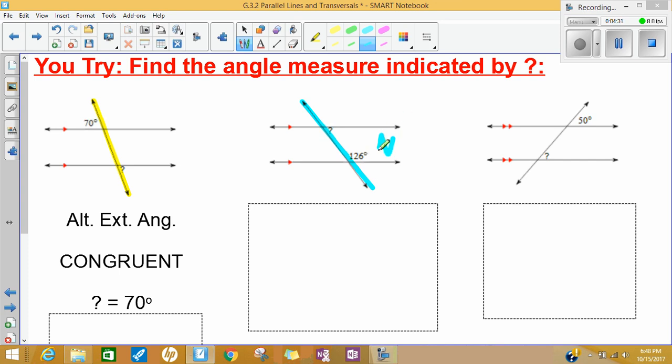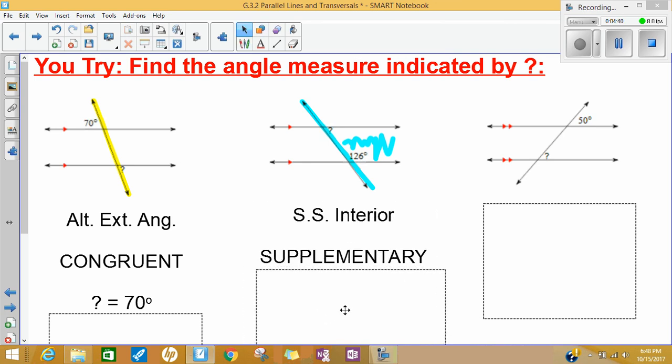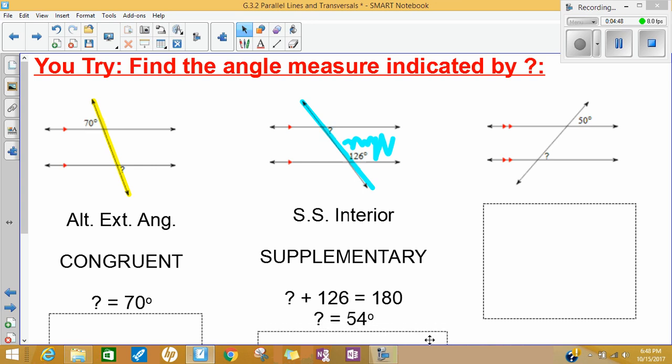They're in between the parallel lines, so they're same side interior angles. That means they are supplementary. They add to 180. So we can set up this equation and then solve by subtracting 126 on both sides to get the missing angle to be 54 degrees.